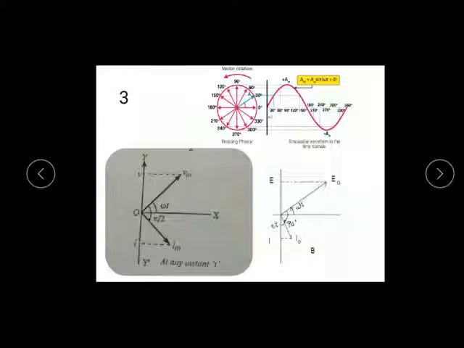In this video class I am going to explain the AC voltage applied to a resistor and an inductor. The remaining we will discuss in the next video class. Now let us start with the AC voltage applied to a resistor.